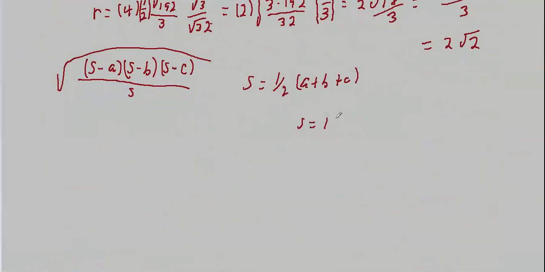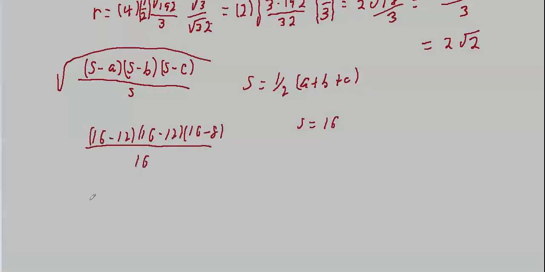S equals 16. Okay, so here we get 16 minus 12 times 16 minus 12 times 16 minus 8 divided by 16.